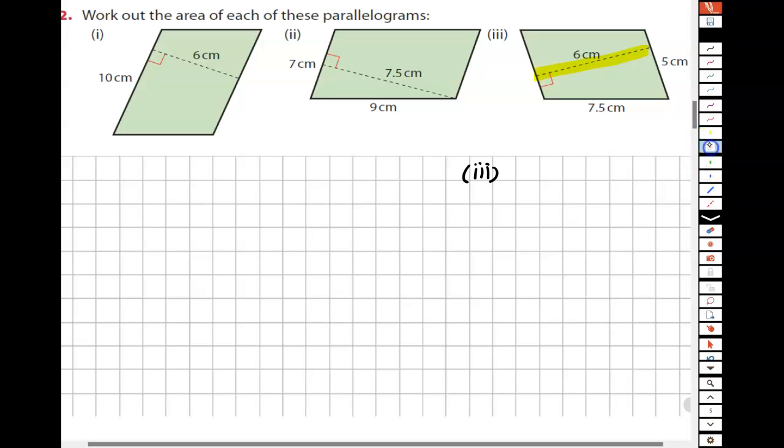Now the base of that perpendicular height is here, which we're not given the dimension of, but because it's a parallelogram, we know that if this side here is 5 centimeters, this side here is also 5 centimeters. Okay, so now it's very simple to apply our formula. Area equals AH. So area equals 5 times that height of 6. So area is equal to 30 centimeters squared. Now don't forget your centimeters squared.